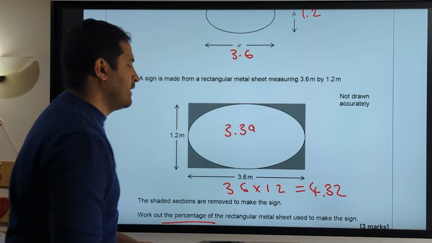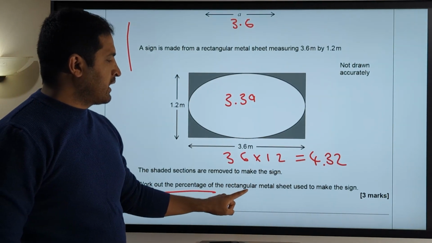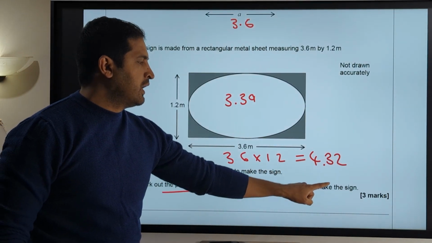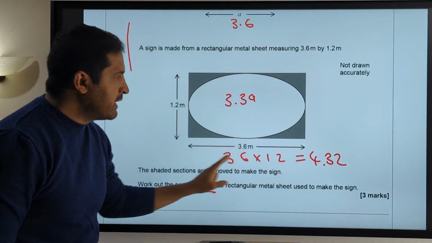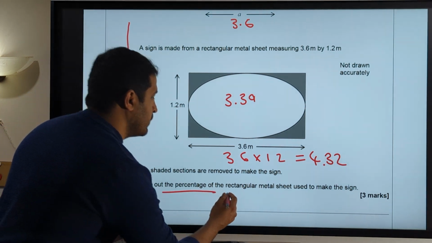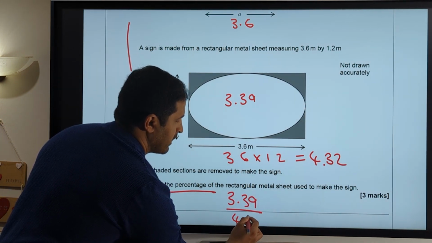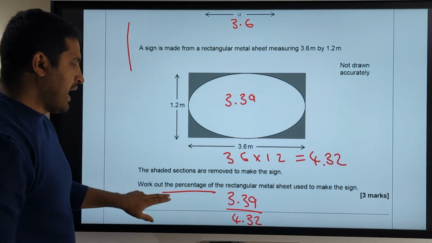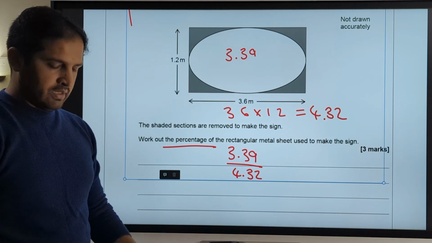And the rectangle is 4.32. We want to work out the percentage of the rectangular metal sheet used to make the sign. So this ellipse has been used out of this entire thing. So what we use is 3.39 out of 4.32. If you do that fraction, it gives you a decimal in the calculator.